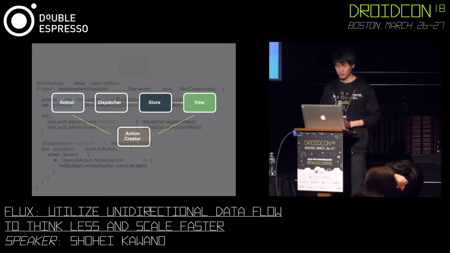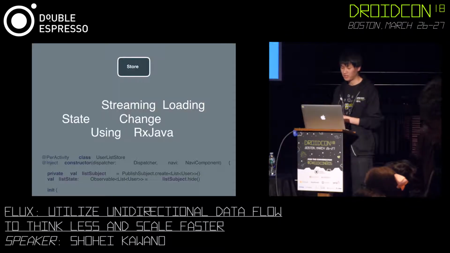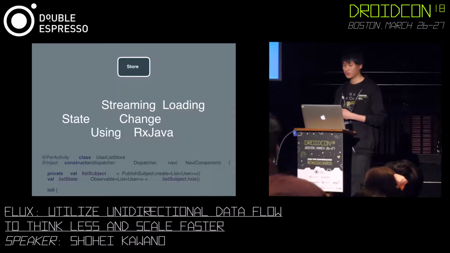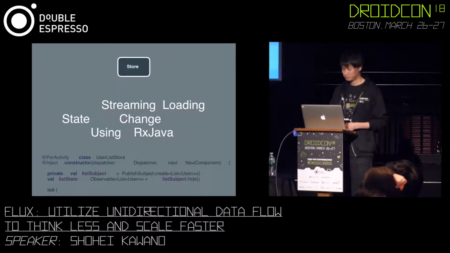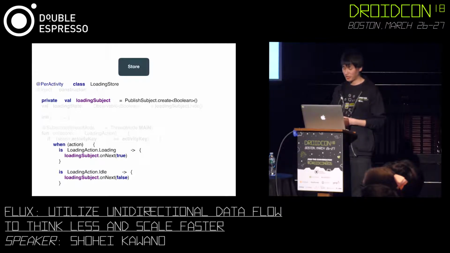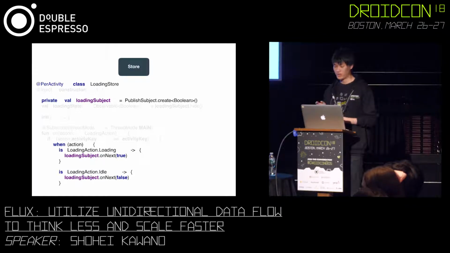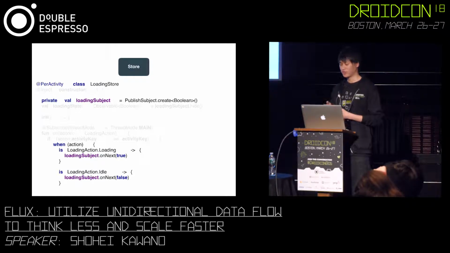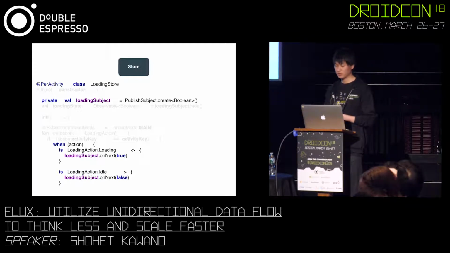Okay. Now finally, how can you subscribe to a store state change? Let's see how to stream the loading state change using RxJava. Inside the loading store, we have the loading subject and we pass a true or false value. The store also has a loading state, which is an Observable type.